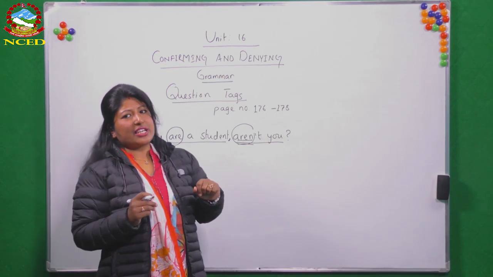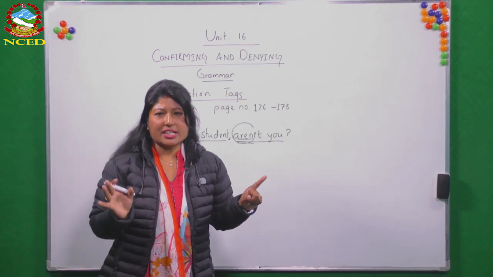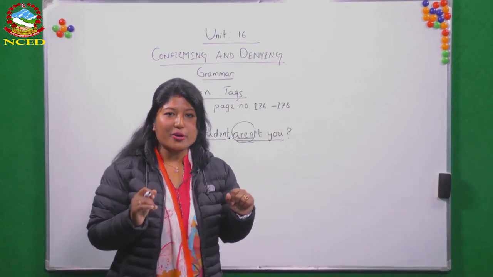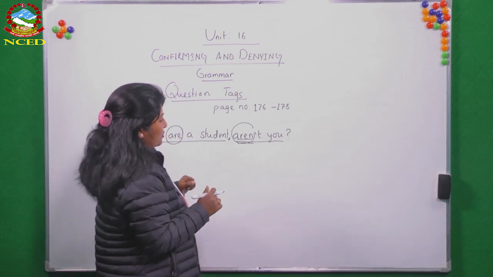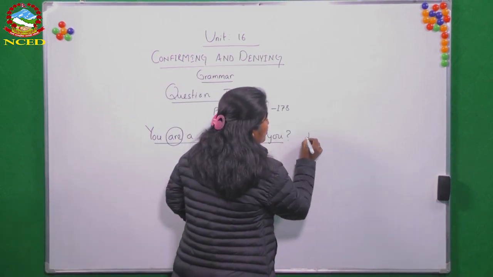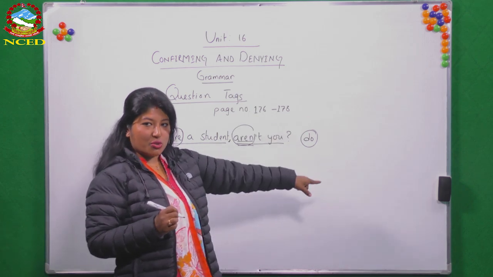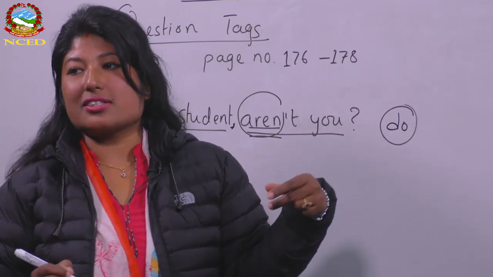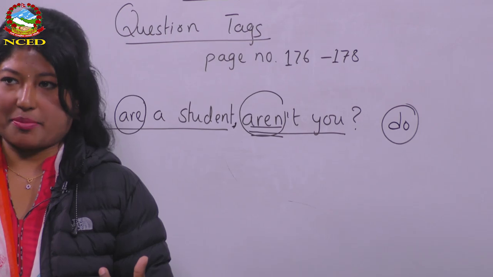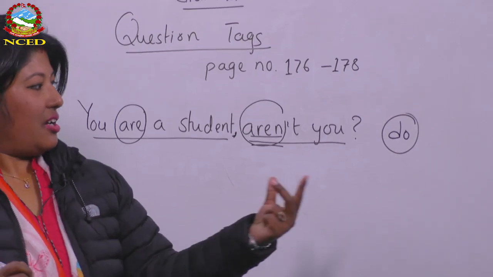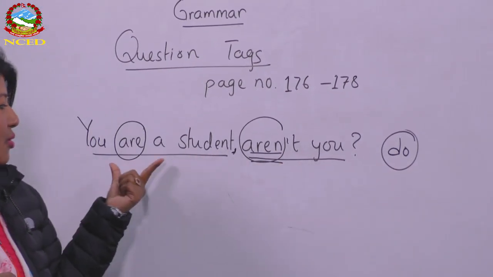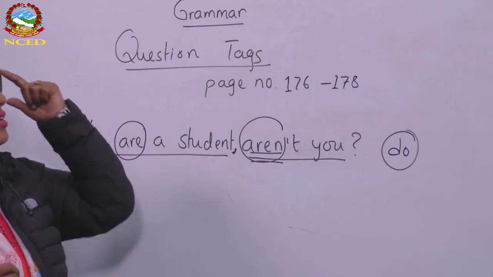And what if there is no auxiliary verb? If there is use of a main verb? Of course, then at that time the do form is used. Okay, do form. It means do, did or does according to the requirement. The do form is used if there is no auxiliary verb.